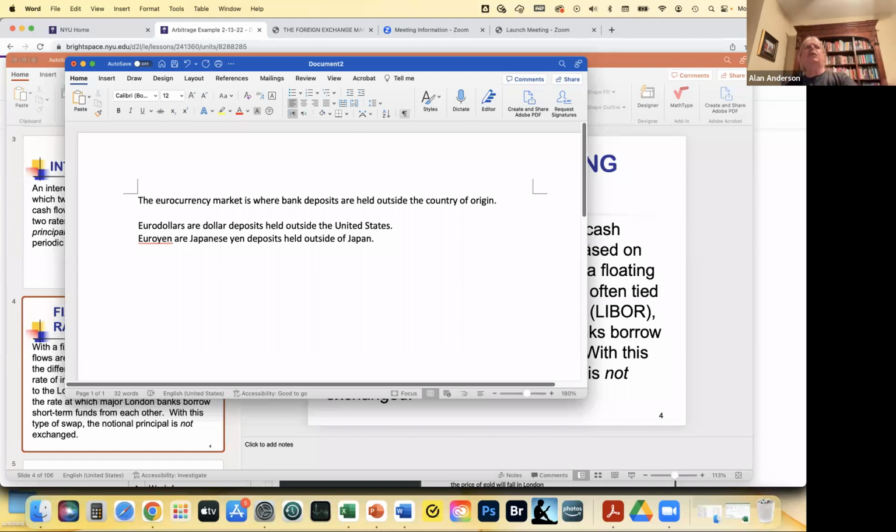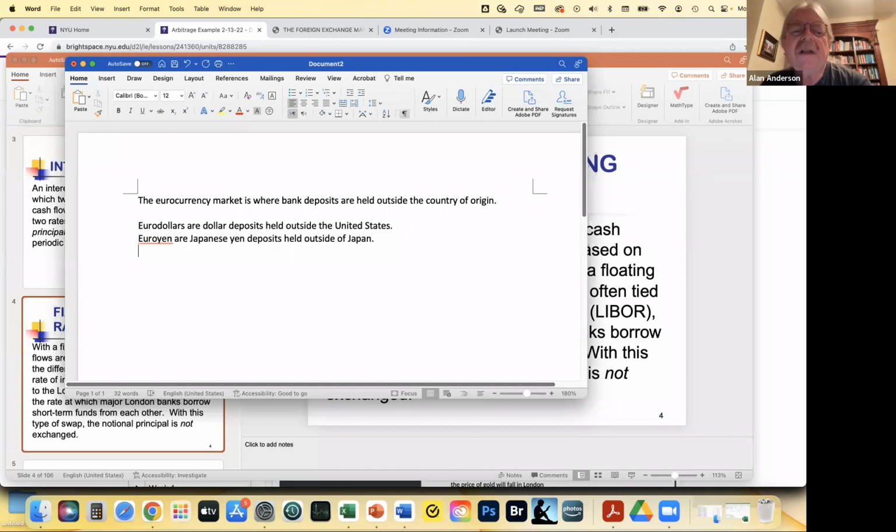So if you're a multinational corporation, sometimes you may want to borrow one currency and lend another. You know, it depends on what kind of revenues you're earning, where they're coming from, what your expenses are denominated in. You can easily imagine that the same company can have revenues coming in many different currencies, especially if they're doing business in Europe. And maybe their expenses are also denominated in many different currencies.